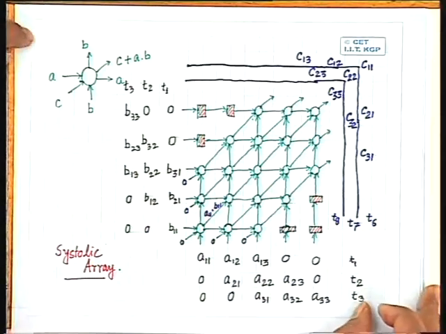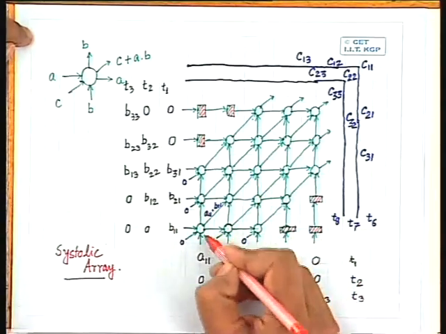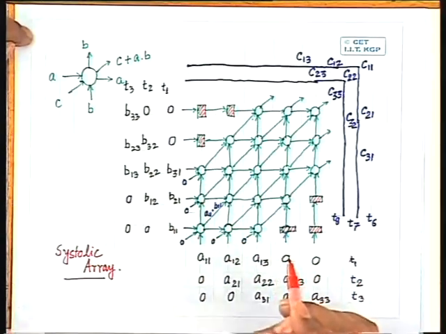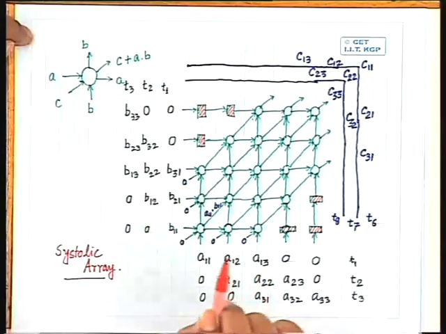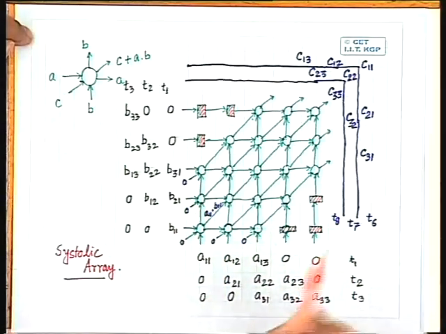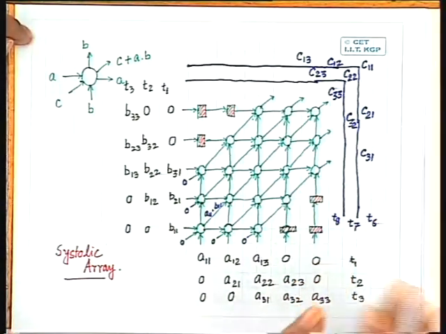In a generalized pipeline, from any stage i I can send the data to any other stage j, where j can be greater than i plus 1. In case of a linear pipeline, j is always equal to i plus 1. In case of a generalized pipeline, j can be greater than i plus 1.